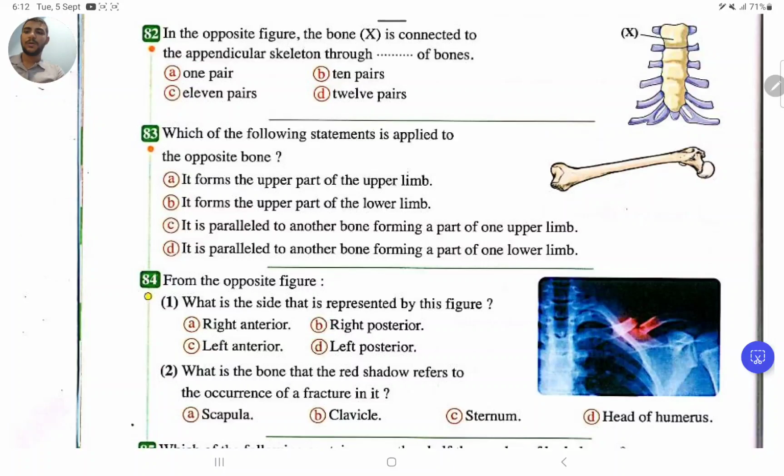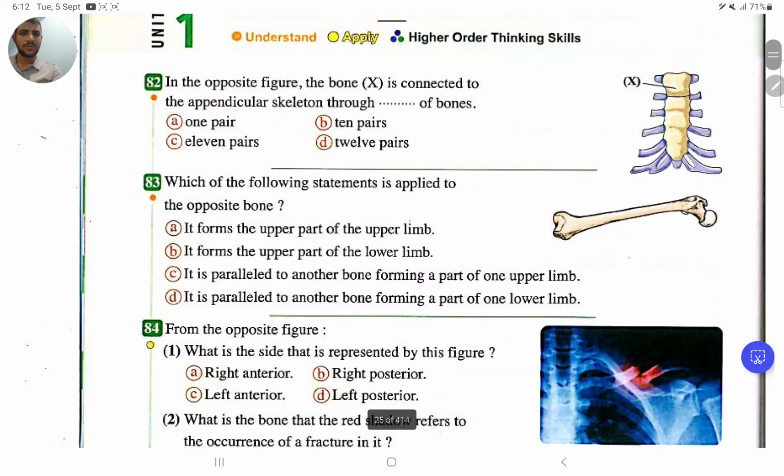82. In the opposite figure, the bone X is connected to the appendicular skeleton through what bone? So I need to identify what part X is here. The part X here is the sternum bone. So the first one, one pair, because I have two bones in each part.